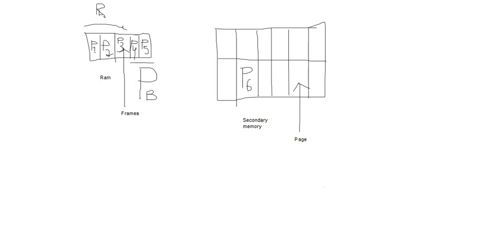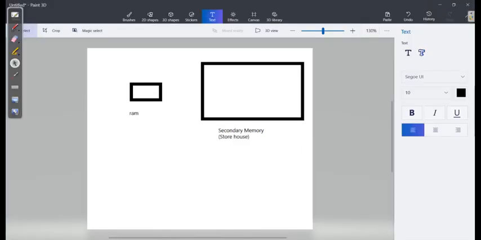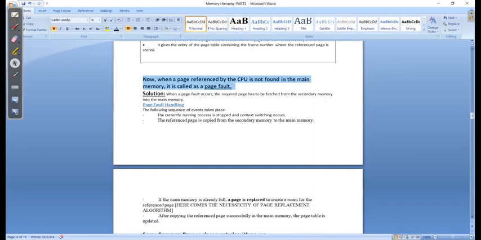As the RAM is full, there is no way to load page 6 other than removing an existing page from the RAM. So essentially a page fault occurs here. Let me come back to the definition of page fault. When a page referenced by the CPU is not found in the main memory, it is called a page fault.